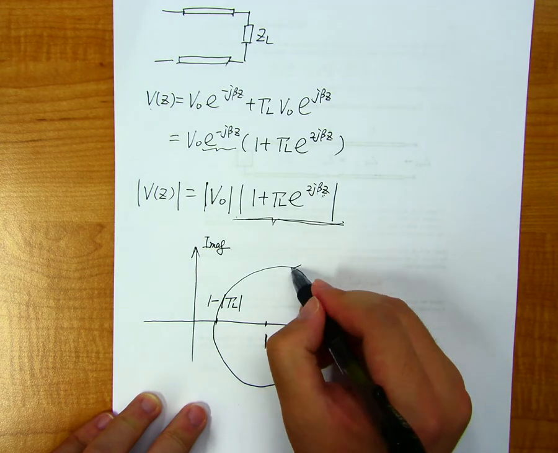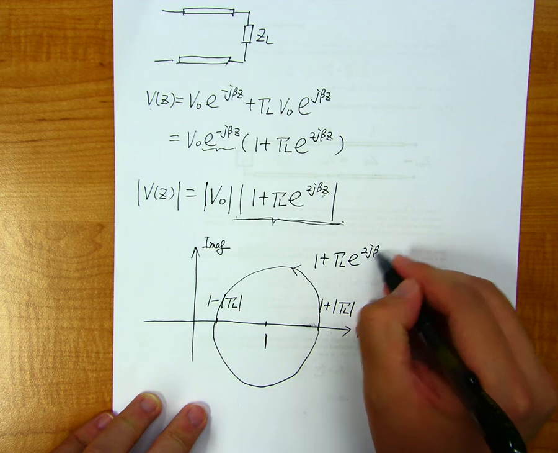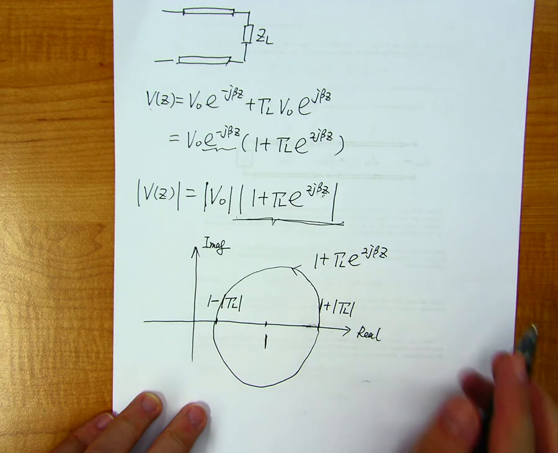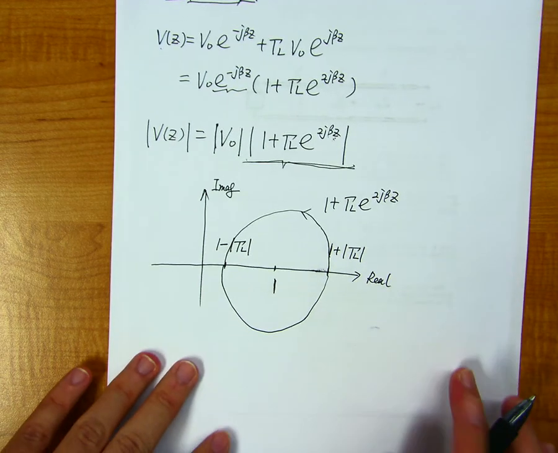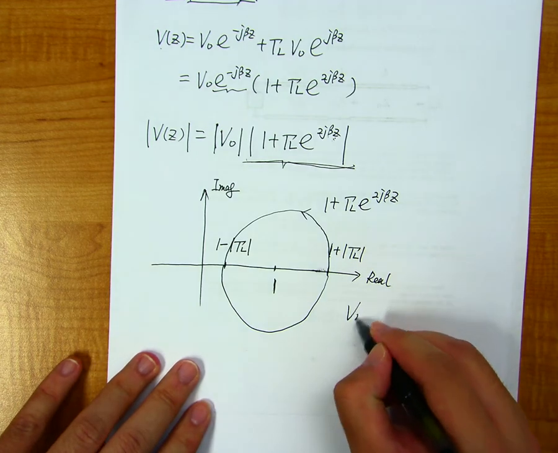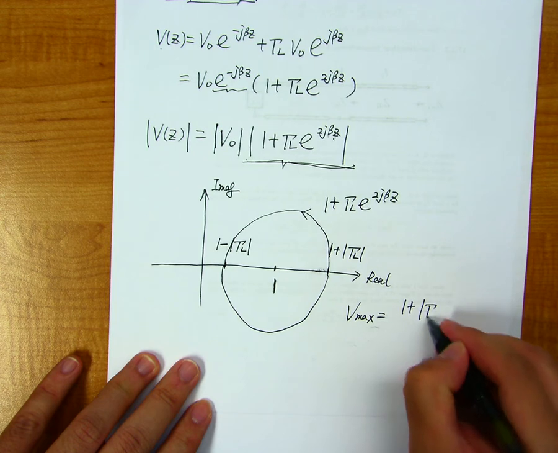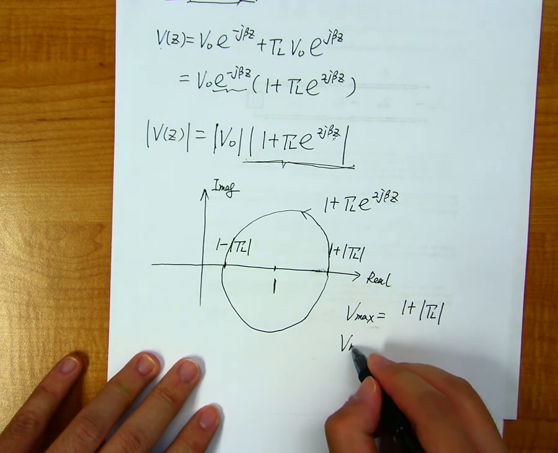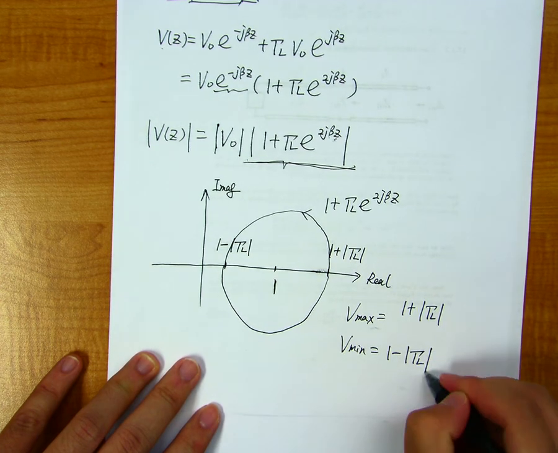So this circle is 1 plus gamma L e to the 2j beta z. As you can see, the amplitude of the voltage on the transmission line has a maximum value, V max, equal to 1 plus the magnitude of gamma L, and a minimum value, V min, equal to 1 minus the magnitude of gamma L.